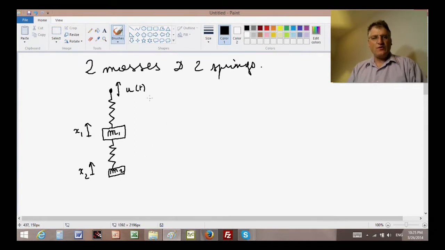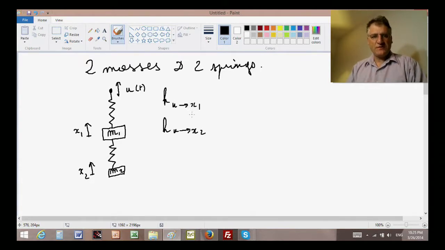And we would like to identify the frequency response of the first transfer function h from u to x1 and the second frequency response or transfer function from u to x2.